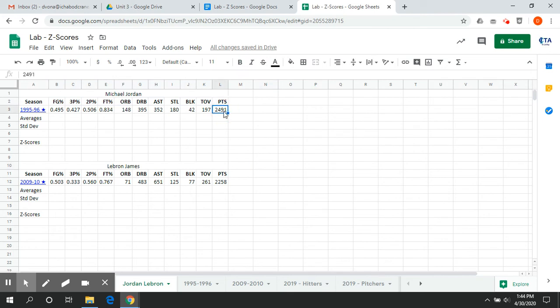So yes, Michael Jordan had more points than LeBron James, but LeBron James had more blocks than Michael Jordan. So it's going to allow us to look at a more complete picture and condense the player down to a single number that we can compare.